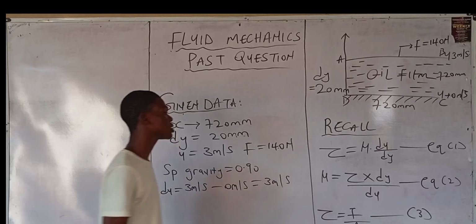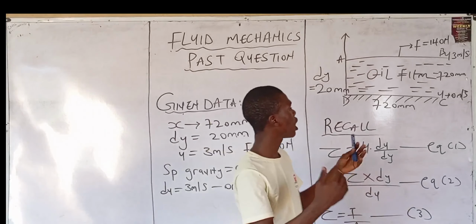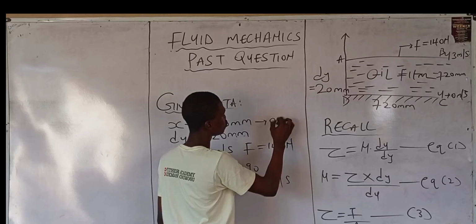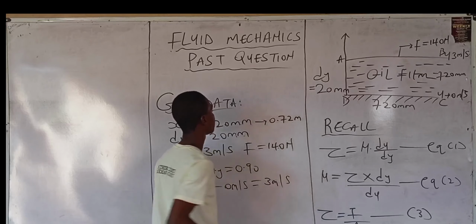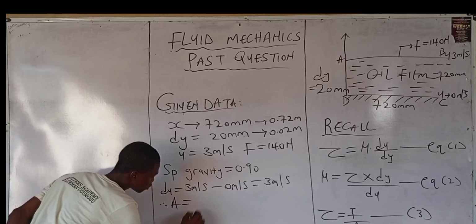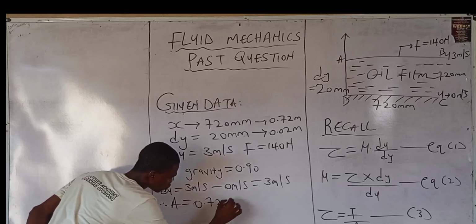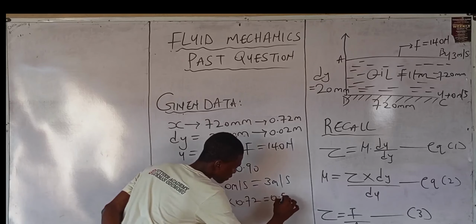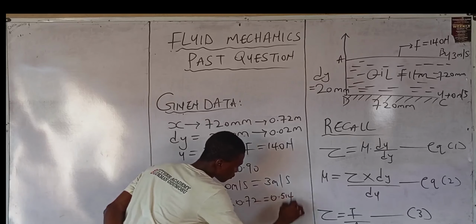But in this case, you need to convert to meters. Our parameters are in mm, so we are converting to meters. This becomes 0.72 meter. Converting dy to meters, 0.02 meter. So therefore, area is equal to 0.72 multiplied by 0.72, which is equal to 0.514 meter square.